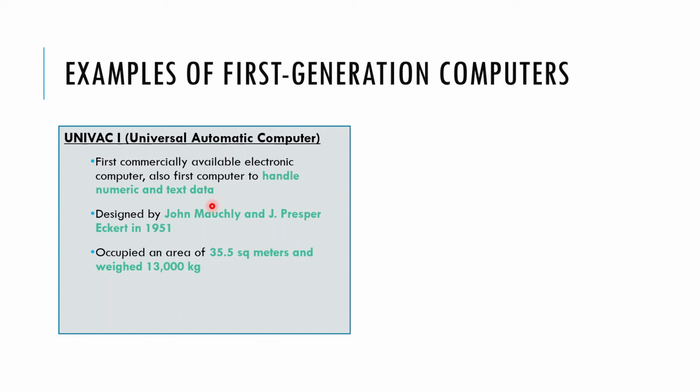So far, the computers which we saw were able to handle only numeric data, but UNIVAC was the one which was able to handle numeric and text data, designed by John Mauchly and John Eckert in 1951, occupied an area of 35.5 square meters and weighed 13,000 kg.